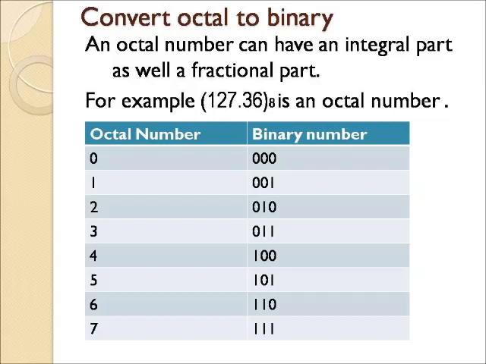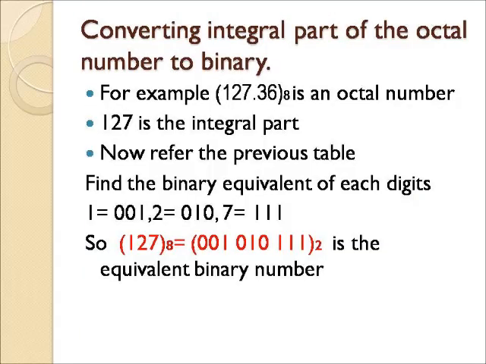So let's see how we can convert an octal number to binary. You have seen a table of octal numbers and their corresponding binary equivalents. You have to refer to this table whenever you want to convert an octal number to binary.